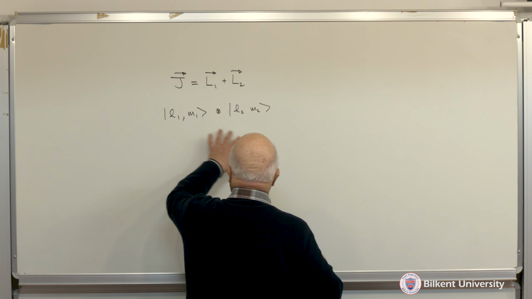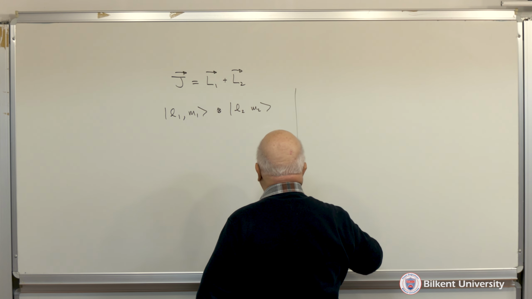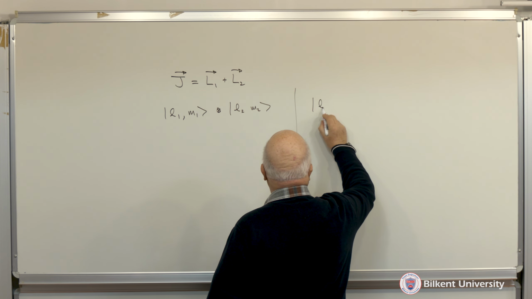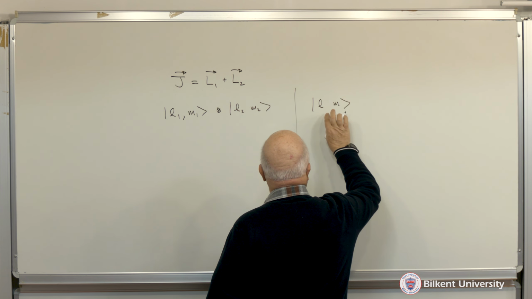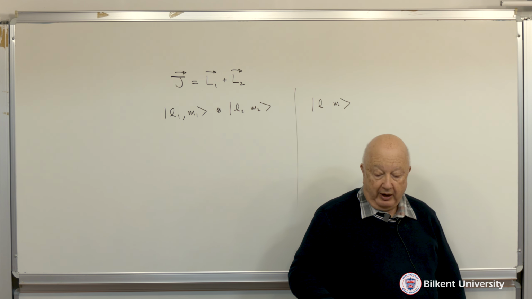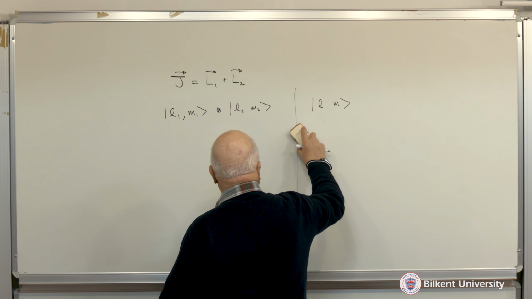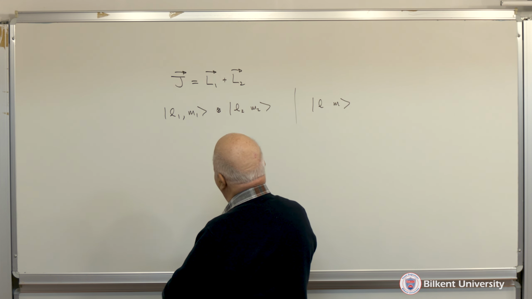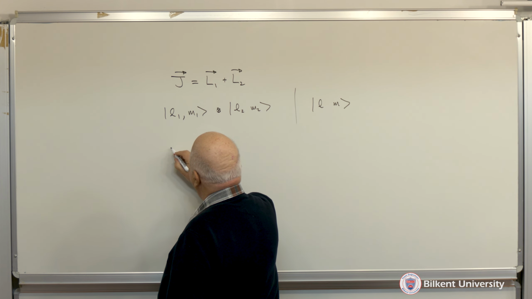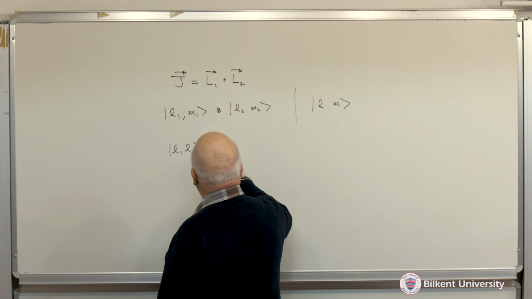So these are the outer product states, but I could also have an L, M which is associated with the total angular momentum. And in particular, we saw last time that we can look at a special case. The special case was L1, L1, and L2, L2.